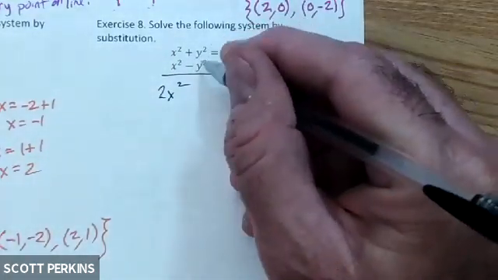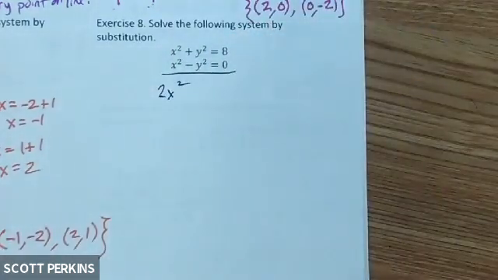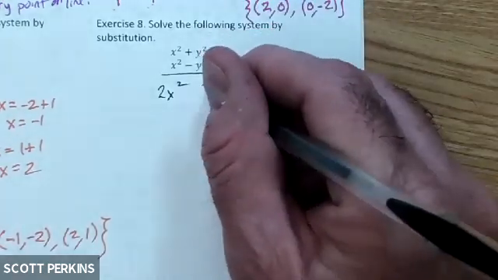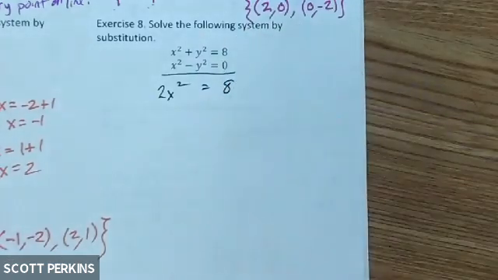The y squareds cancel. Now this one is set up to be eliminated because both equations have the same terms, both an x squared and a y squared. Elimination can get tricky for some of these if they don't have the same terms, so that's why I don't use it a lot. And then 8 plus 0 is 8.